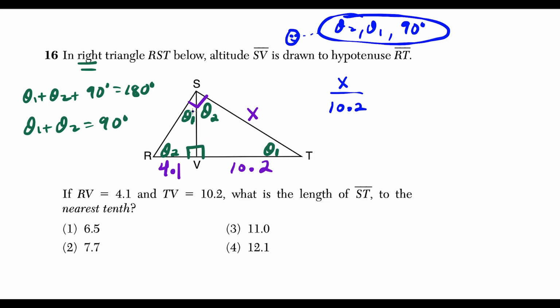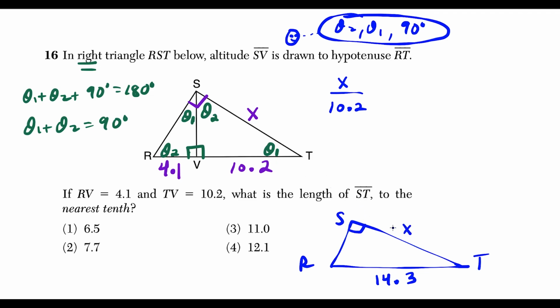And now what I want to look for here is in the big triangle being RST, the entire side down here, if I add these two, 4.1 plus 10.2 is 14.3. Here's the 90-degree angle, and then X is over here. But if we look at the entire diagram, angle T is theta 1, angle R is theta 2.